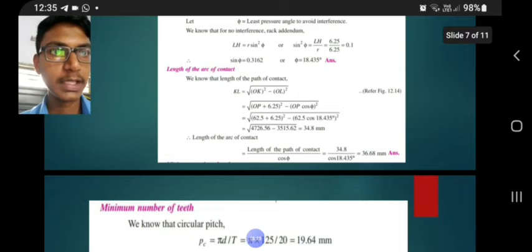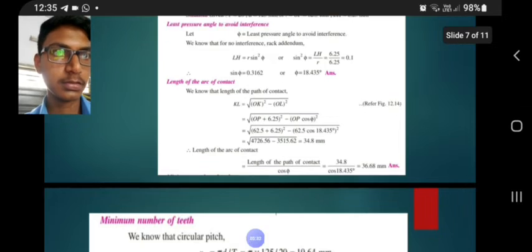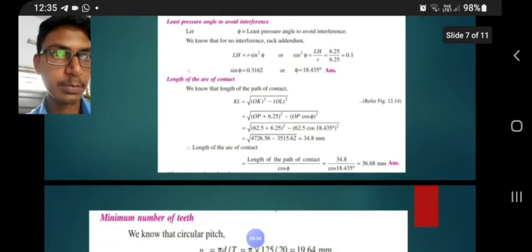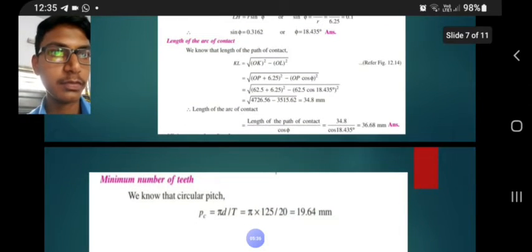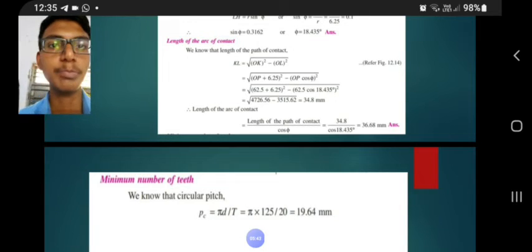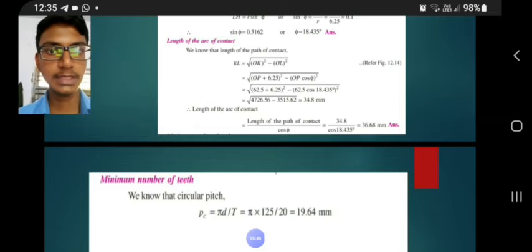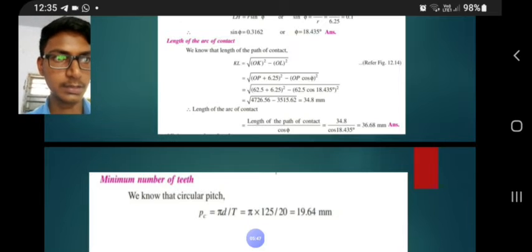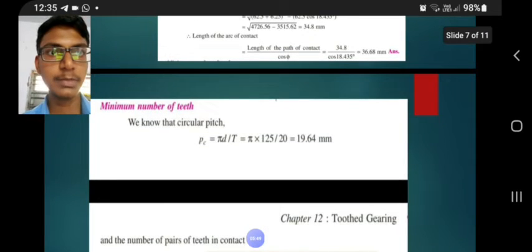We know the formula, the length of the arc of contact is equal to the root of... By applying this formula and substituting the given values, we will find out the length of the arc of contact, and then we are going to find out the minimum number of teeth.